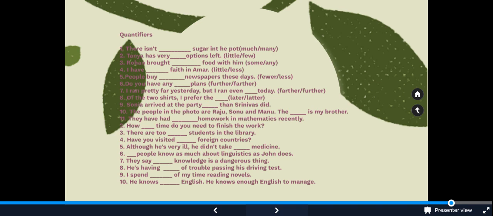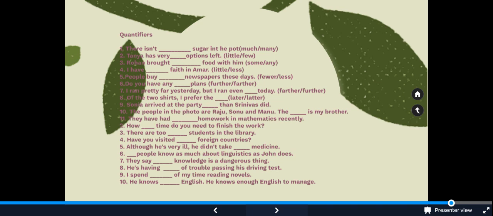Okay. So the first sentence, there isn't dash sugar in the pot. There isn't much sugar in the pot, because sugar is an uncountable noun and much is used along with uncountable nouns. Many is used with countable nouns. Many people, many children. Second one. Tanya has very dash options left.